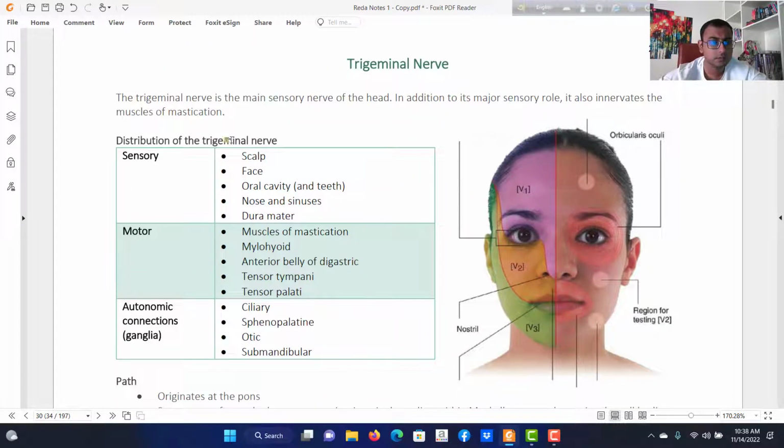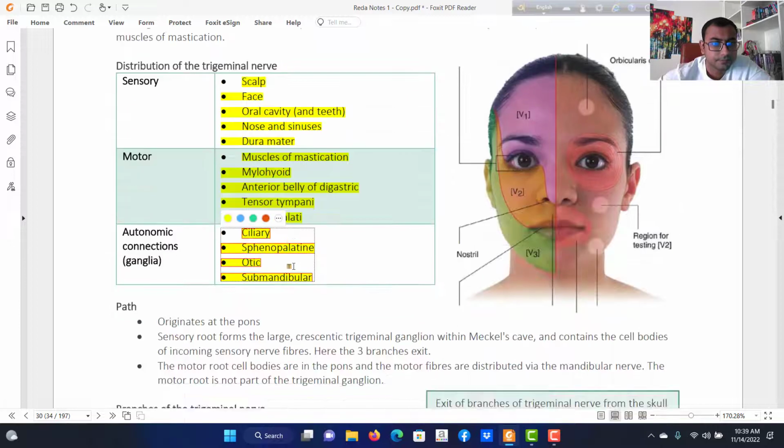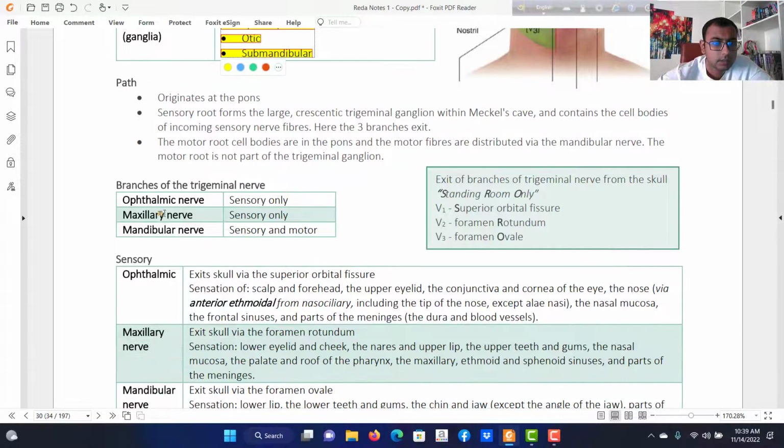Now the trigeminal nerve. It has sensory and motor components: skull, face, nose and sinus sensory. The ophthalmic division is sensory, the maxillary division is sensory, and the mandibular division is mixed, with motor for mastication and the anterior belly of digastric. The autonomic ganglia are the ciliary, sphenopalatine, otic, and submandibular.